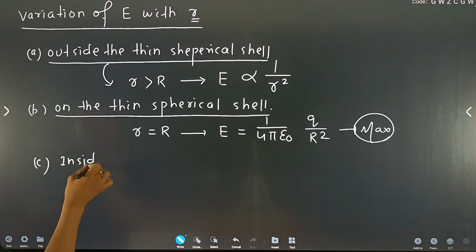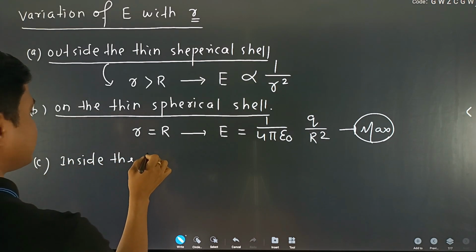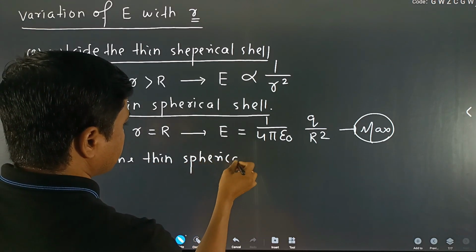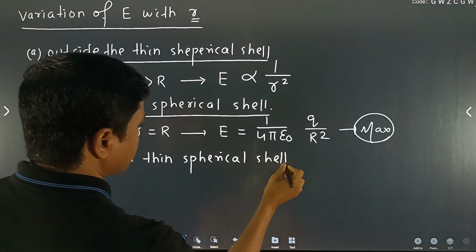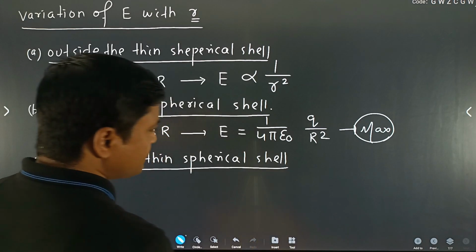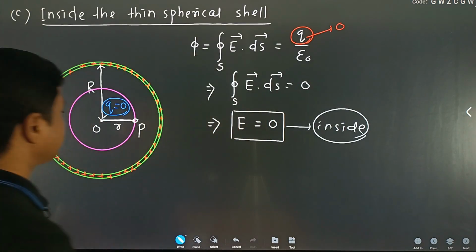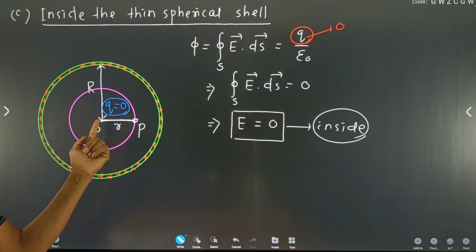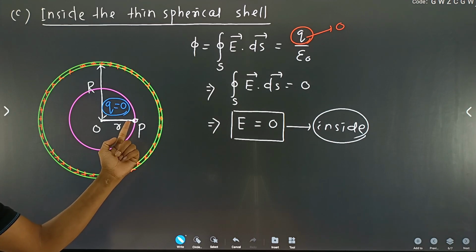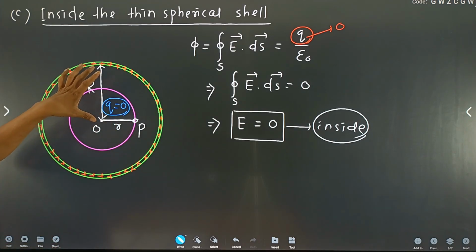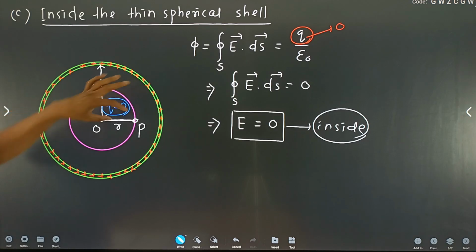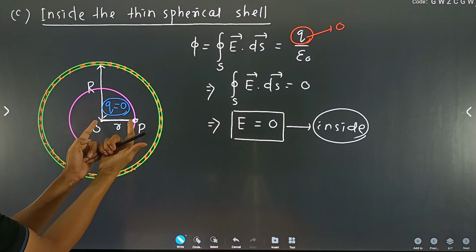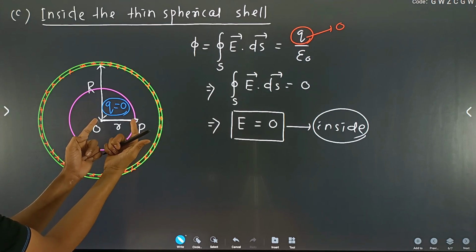Similarly, the last one, inside the thin spherical shell. That means small r is equal to 0 or greater than 0 but less than capital R. This is the small r, this is the capital R, the radius of the thin spherical shell, and small r is the distance between the center of the shell and the observation point.